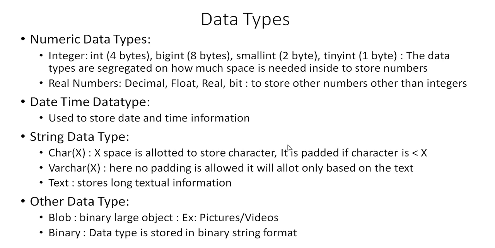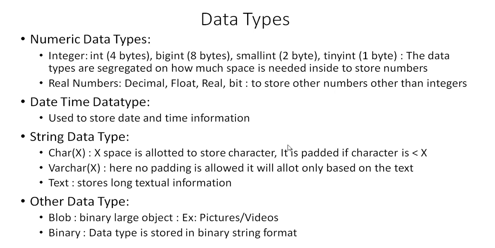And the third one is the string data type. In string data type, we store fixed length or variable length strings. So char x, varchar, and text are used as string data types. In char x, x space is allocated to store a particular character.